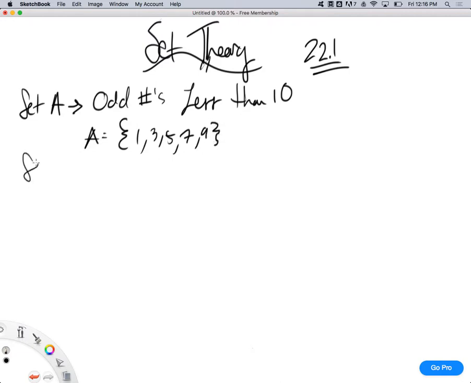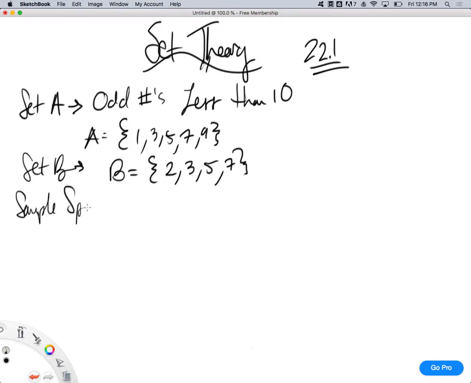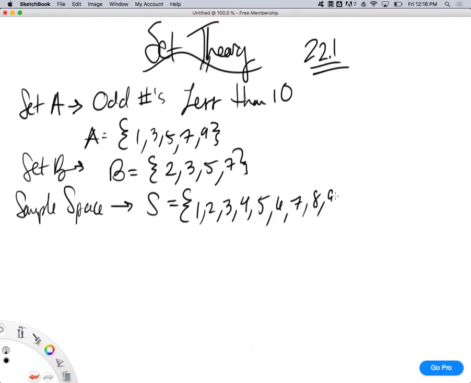And then I said set B was prime numbers less than 10. So B is 2, 3, 5, and 7. Does that make sense? Now my sample space is all my natural numbers that are less than 10. So S is 1, 2, 3, 4, 5, 6, 7, 8, and 9.